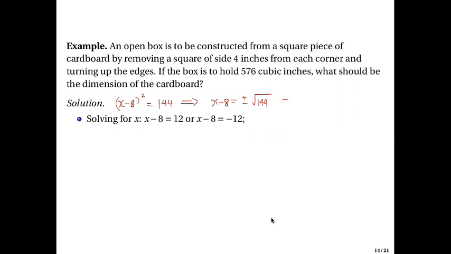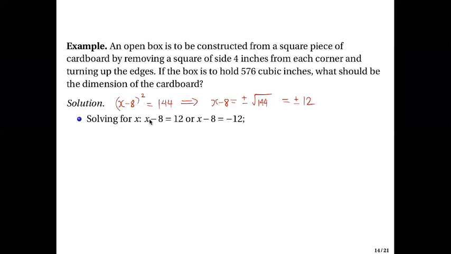But this is plus or minus 12. And therefore, you have your x minus 8 equals 12 or x minus 8 equals minus 12. That's your plus or minus here.